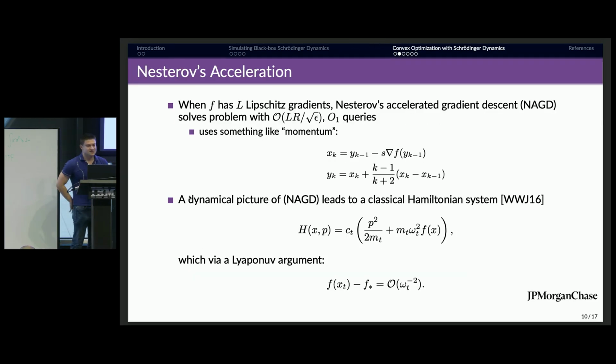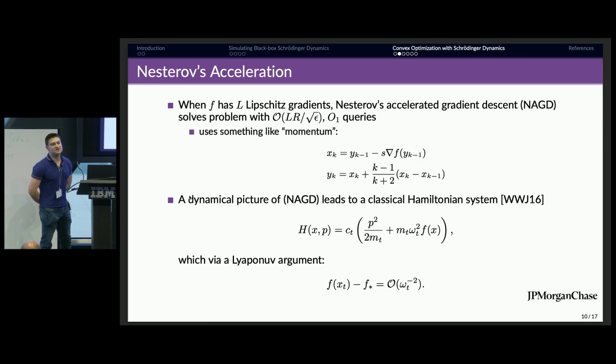Here there's this magical black magic algorithm known as Nesterov's accelerated gradient descent that was able to, in the setting in which you have smooth gradients, or Lipschitz gradients, utilize something somewhat like momentum, although that's not necessarily the correct analogy, and achieves a rate you'll see is quadratically faster than the previous rate. In the smooth setting, gradient descent achieves 1 over epsilon.